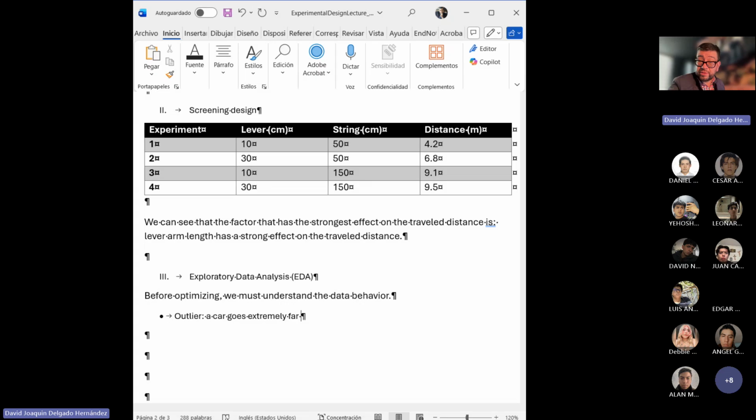Because it is not within the range of these values, okay? That could be by luck, or some strange variable is influencing this distance. For instance, imagine that there is some inclination in the surface where you are putting the car, and suddenly the car goes very far away, okay? So this is a measurement error or lucky run.